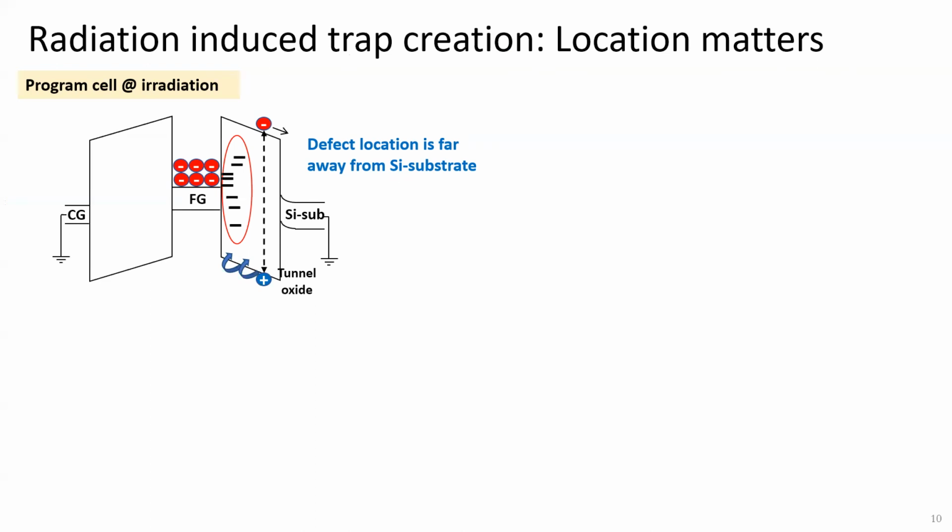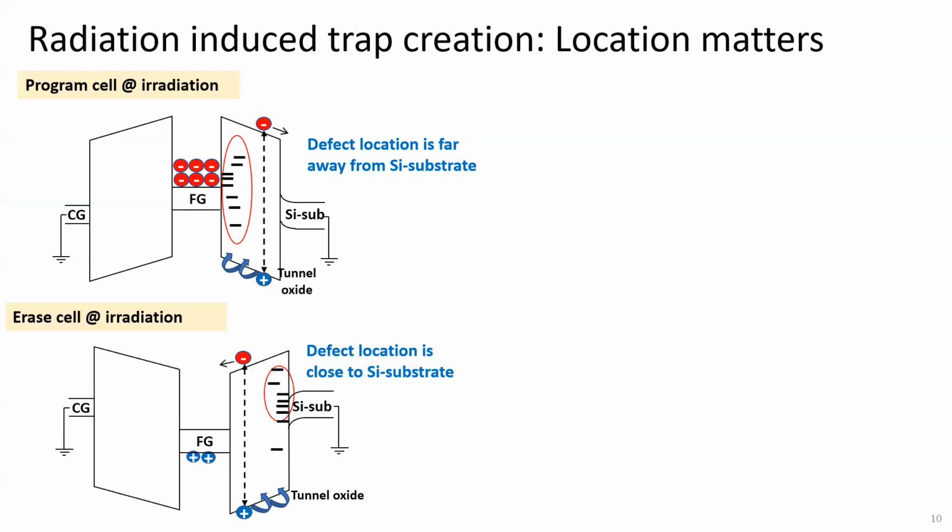Here you can see that if a programmed cell is exposed to radiation, the defect locations are not in a bad shape; they are far away from this interface. But if you look at an erased memory cell, after ionization the holes in the oxide will move towards the oxide-silicon interface, and more defects will be created along this interface.